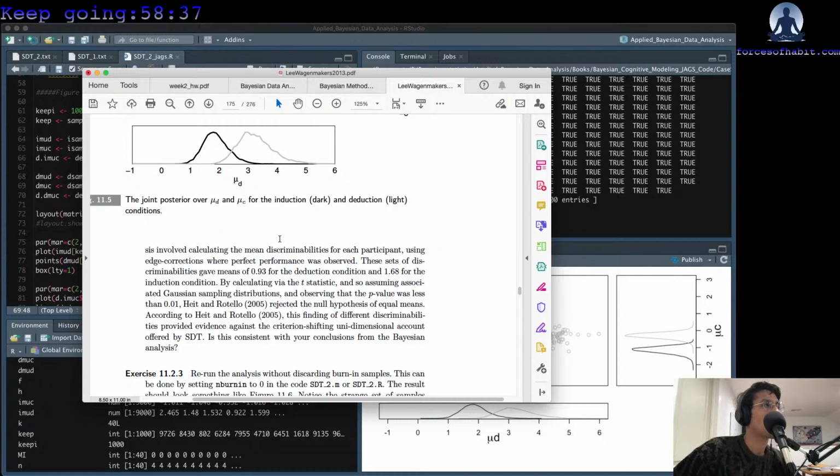These discriminabilities gave averages, and by calculating the t-statistic and assuming associated Gaussian sampling distributions, they observed that the p-value is less than 0.01, rejecting a null of equal means.